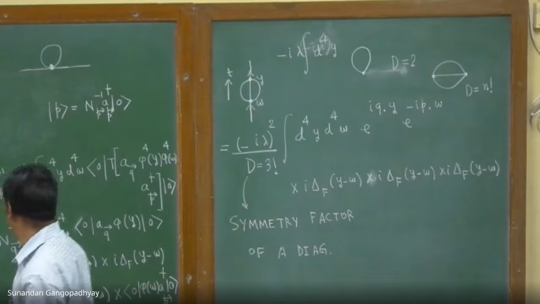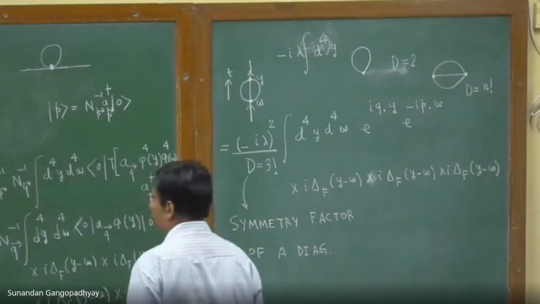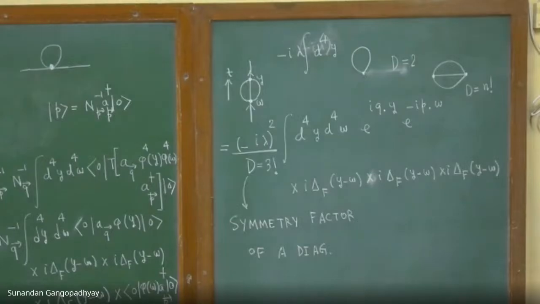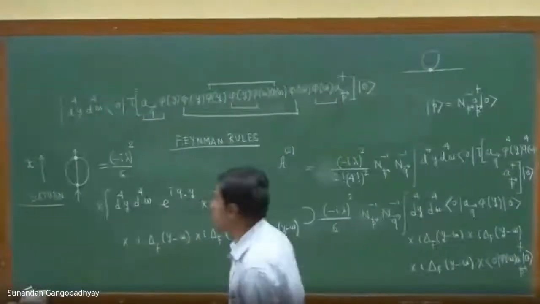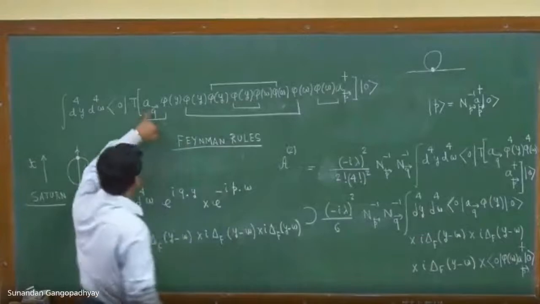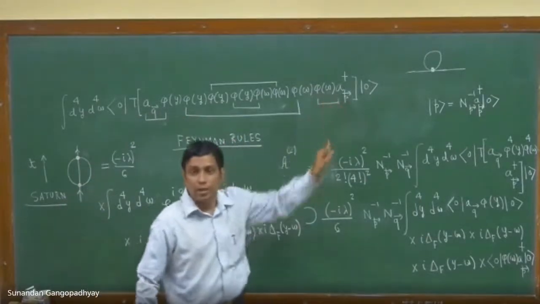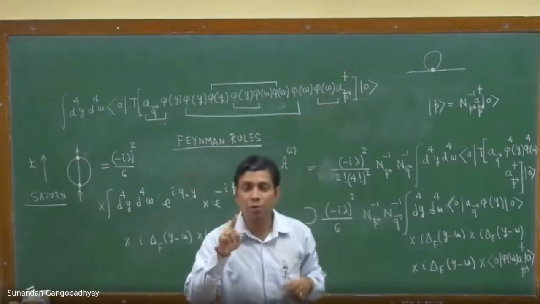Can you see this part of the board? So it resulted from a contraction of A with one of the phi's and A dagger with one of the phi's, and this was a term up to first order in lambda.